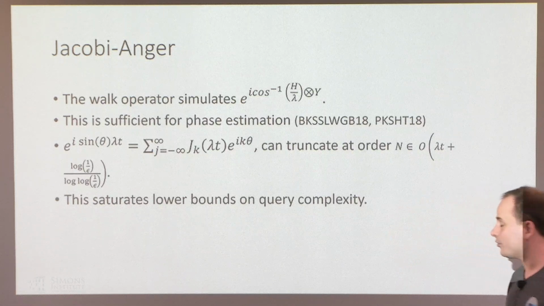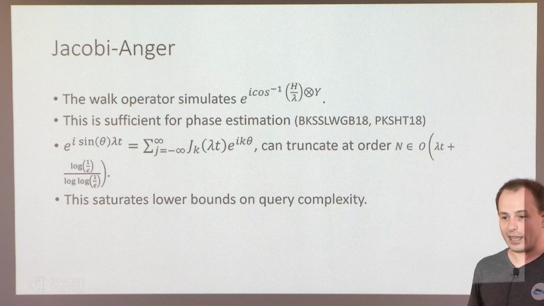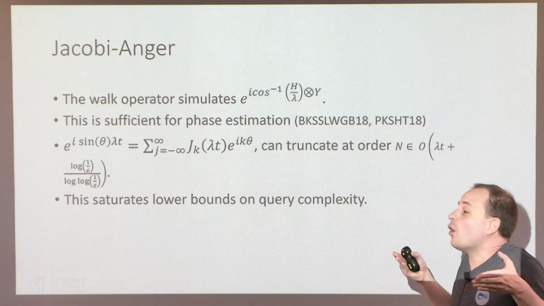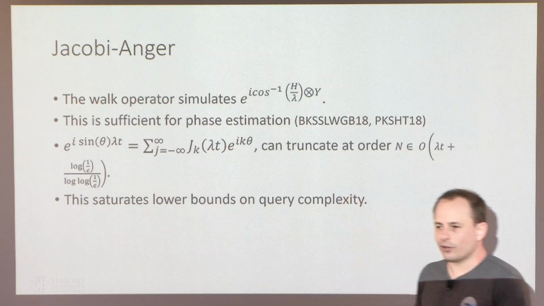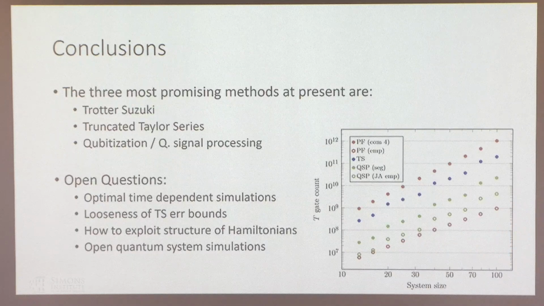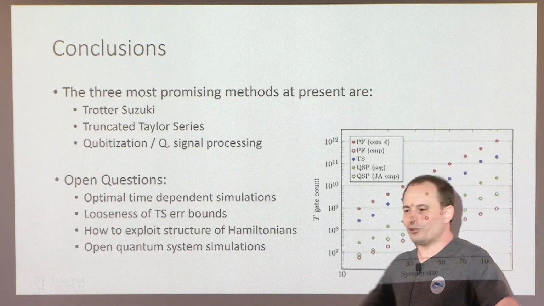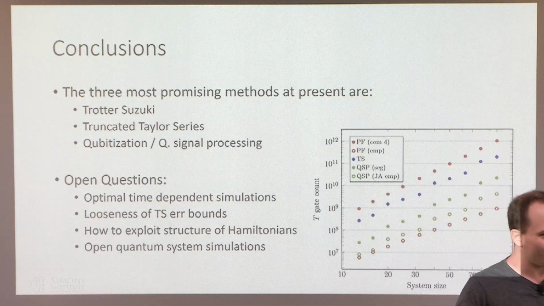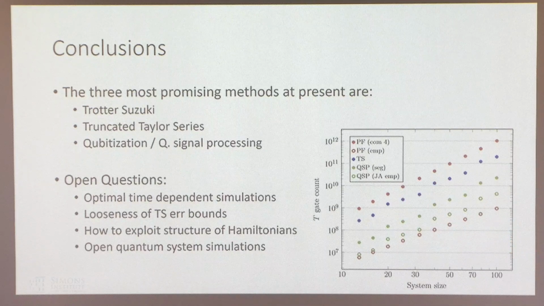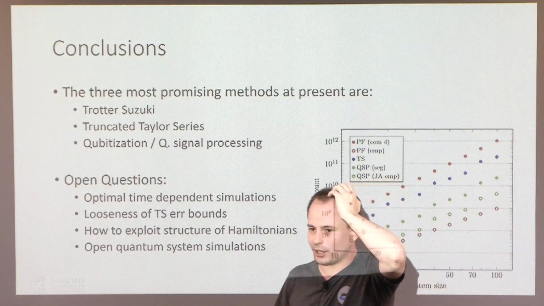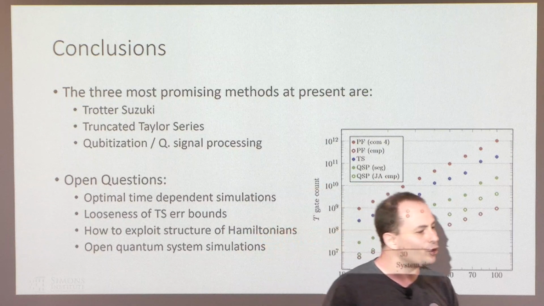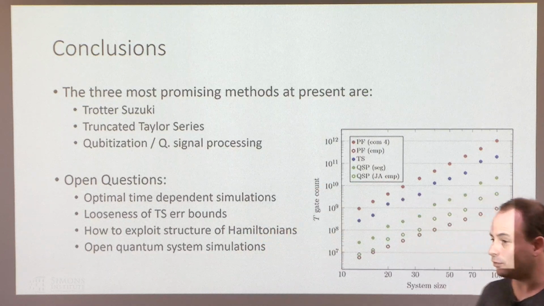So this is fantastic, and from a theoretical perspective, it seems like at first glance, it should be what you always do for simulation. And so this leads to my final slide, which is why are we still talking about other things? Because we've got the optimal solution, but it turns out that actually sometimes optimal isn't optimal. One of the challenges with the qubitization approach is that there's no natural way to simulate time dependence.